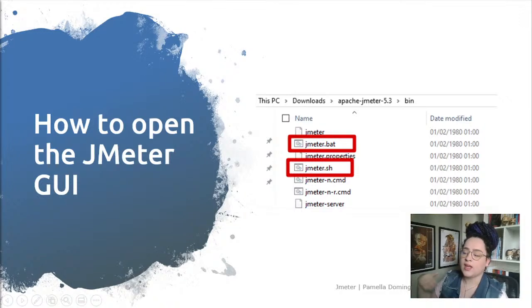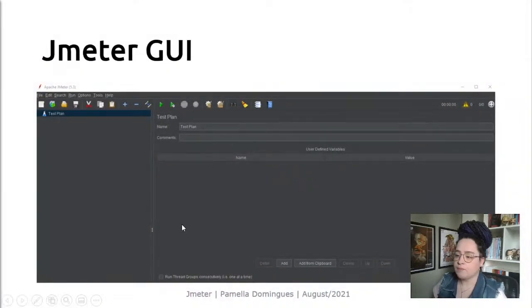And when we execute these files, this UI is displayed on your machine, okay, on your computer. It's very easy to understand the purpose of each button here, but we can discuss it better later, okay, in the demo session. But basically here we have a button to create a new file.